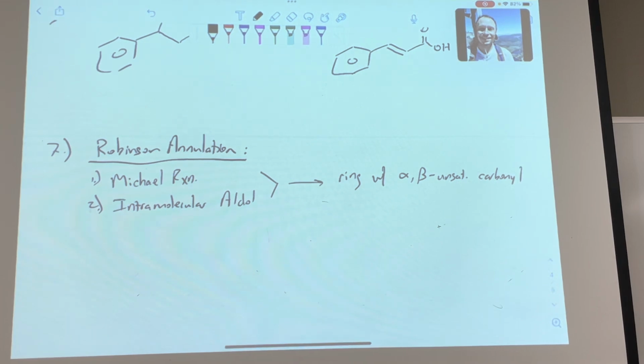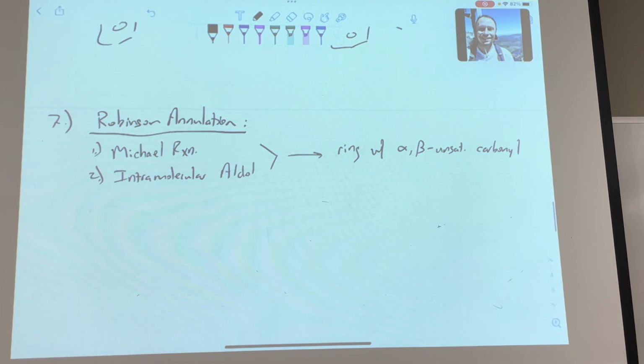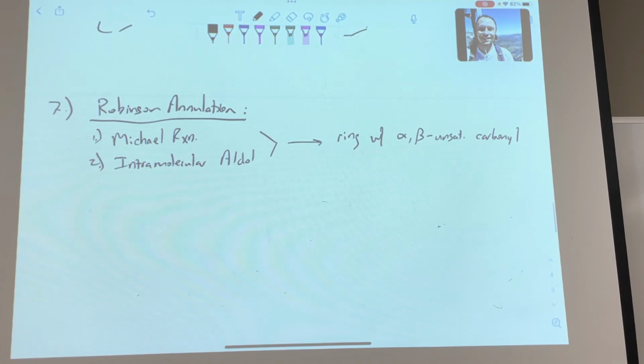All right. So the best way, I think, of seeing this is just looking at one example. So let's go ahead. We'll start with as simple of an example as we can, and since step one of this is a Michael reaction, that means in order to begin this annulation process, we need a donor-acceptor pair.